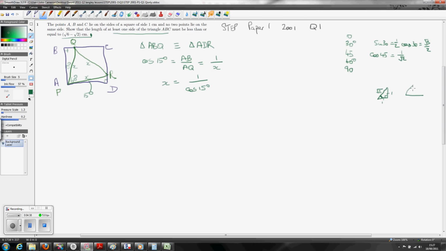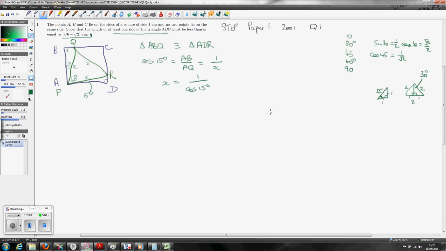And you can do something similar by taking an equilateral triangle whose side is 2 and dropping a perpendicular down to the side, then that's length 1, and this angle in here is 30 degrees, and by looking at that triangle with a little bit of Pythagoras you can work out those.